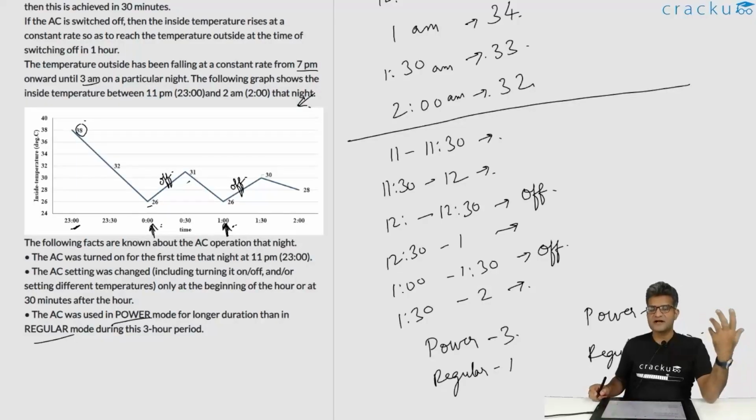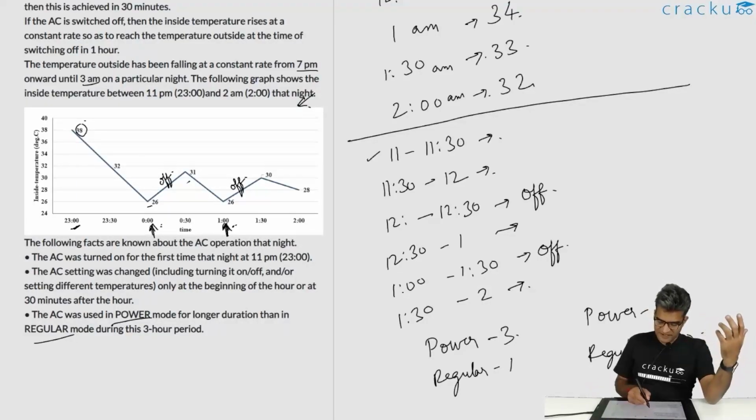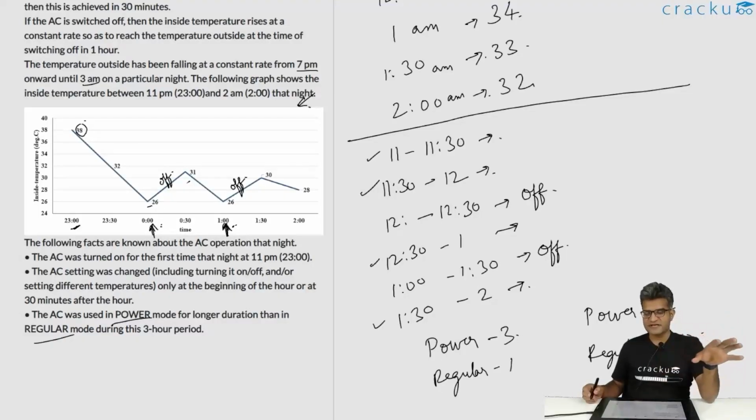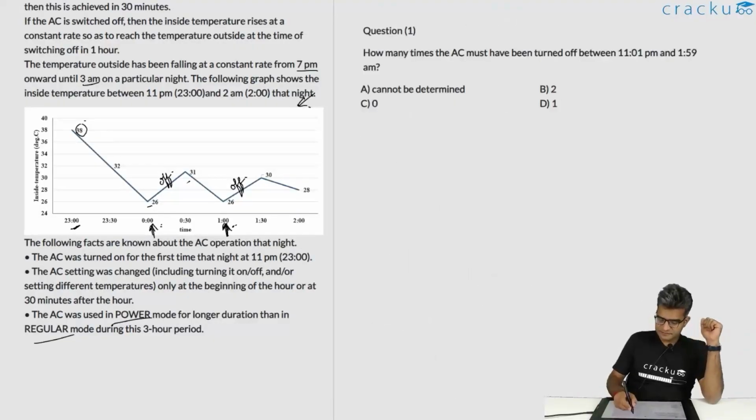Essentially we are saying that amongst the 4 half an hours that are left, either the AC is in power mode in 3 of them or 4 of them, because we know that the AC was in power mode more often than it was not. This is basically the information that we know. We can dwell into it deeper, but let us first answer some of the questions.